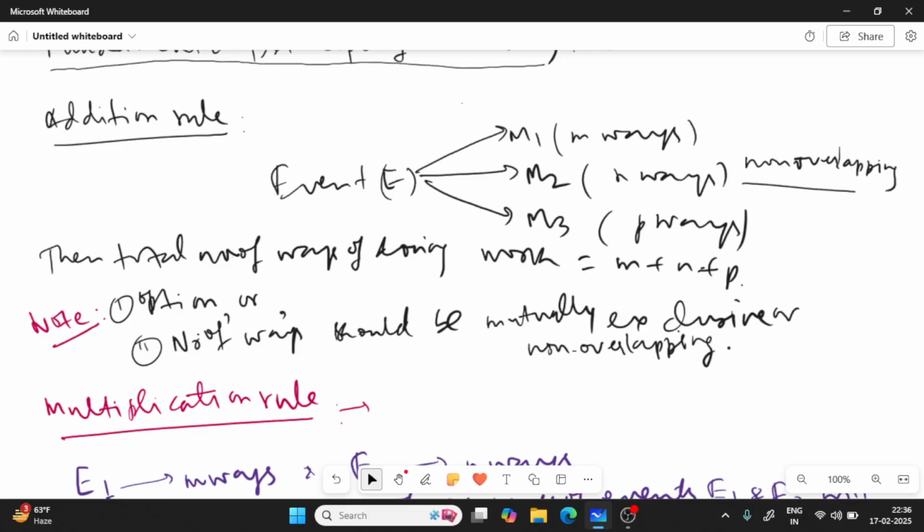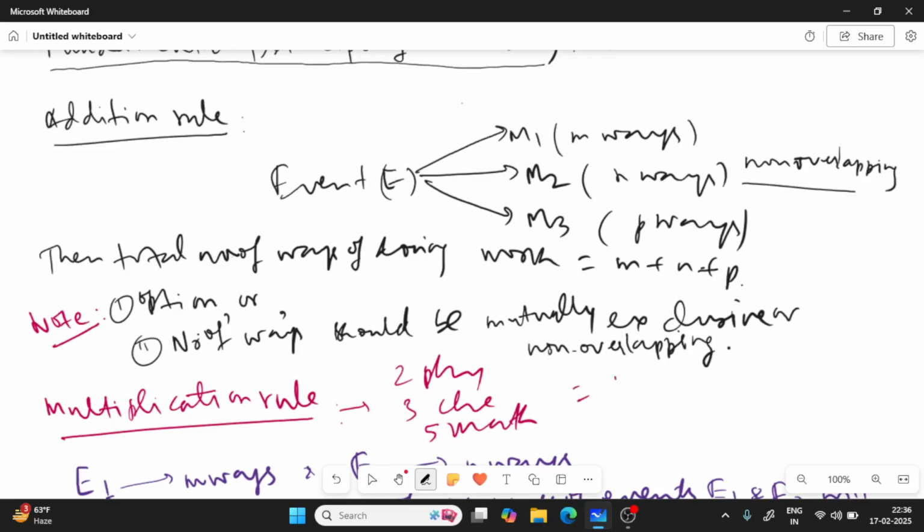Like you can assume you have two physics books, three chemistry books, and five math books. So these many books you have. Now, in how many ways can you select one book of physics, chemistry, or mathematics?